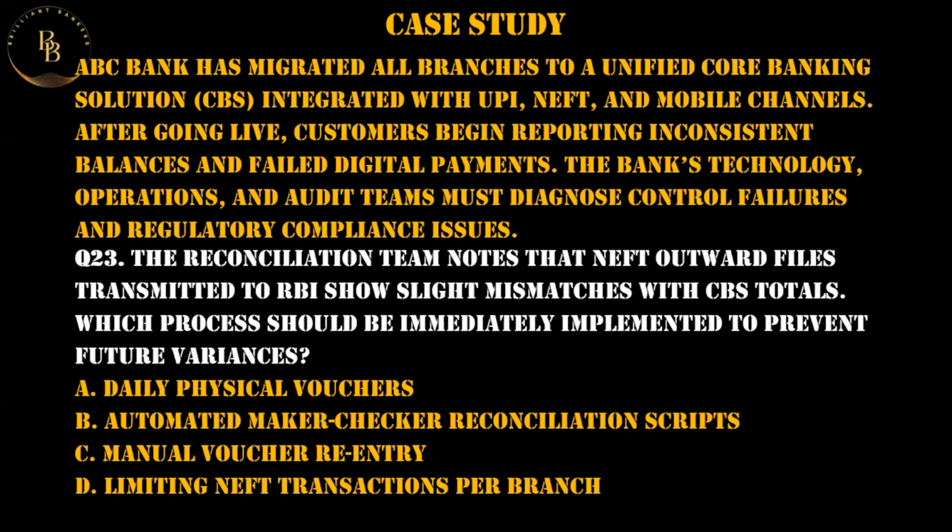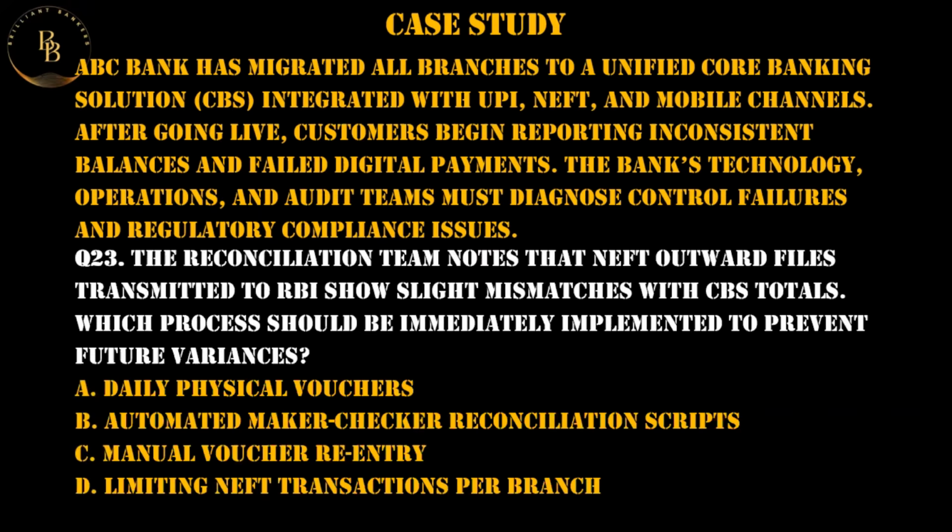Coming to question number 23. The reconciliation team notes that NEFT outward files transmitted to RBI show slight mismatches with the CBS totals. Which process should be immediately implemented to prevent future variances? Is it daily physical vouchers, automated maker checker reconciliation scripts, manual voucher reentry, or limiting NEFT transactions per branch?